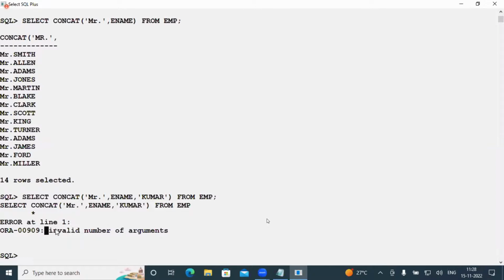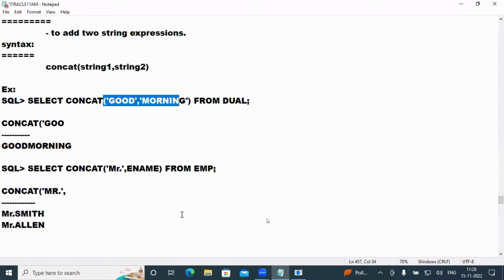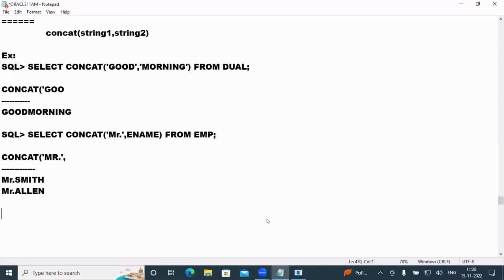So what do you understand here? The concat function accepts how many strings? Yes, this function will allow only 2.